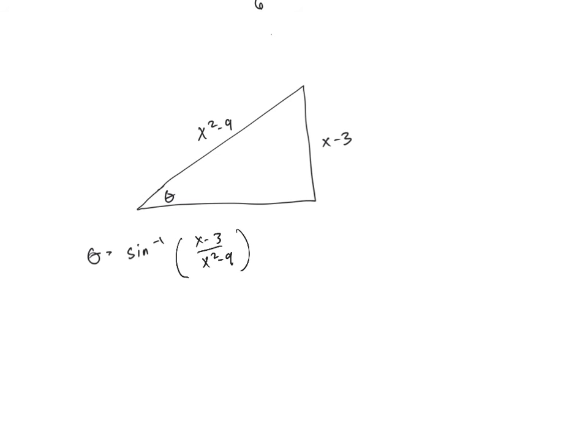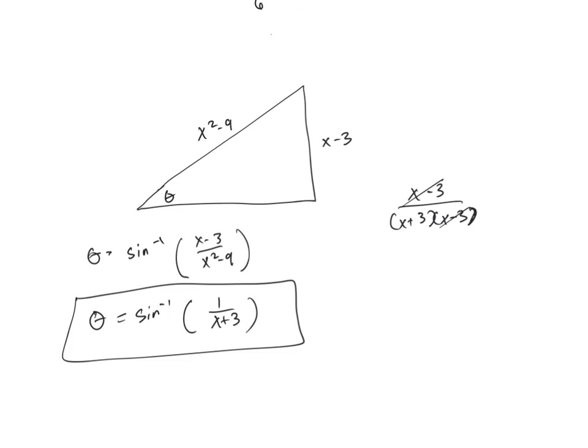We can simplify this a little bit. I know that x squared minus 9 is a difference of two squares. So we have x plus 3 times x minus 3. These two simplify each other out. So theta is the inverse sine of 1 over x plus 3 simplified. And that would be our answer right there.